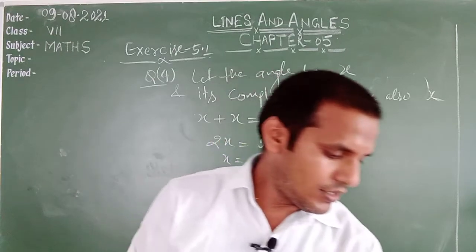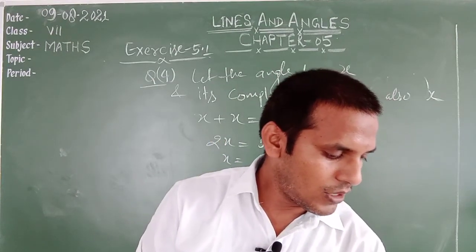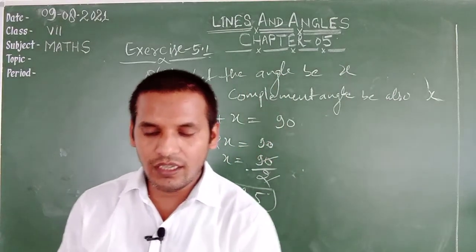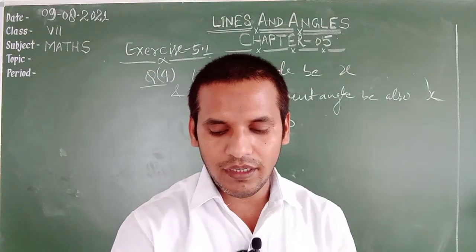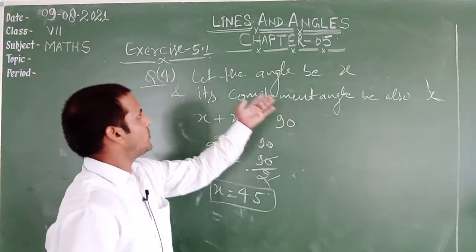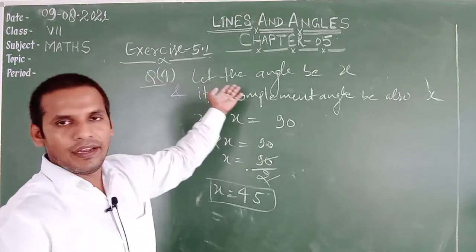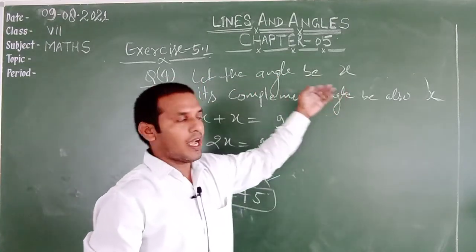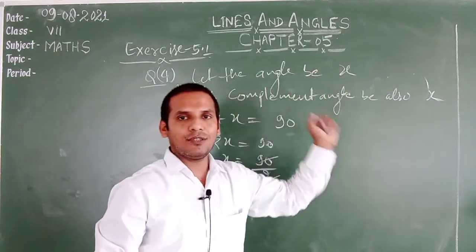Question 5 you will try it. The question asks what angle's supplement is equal to itself. Same process: let the angle be x and its supplement will also be x.